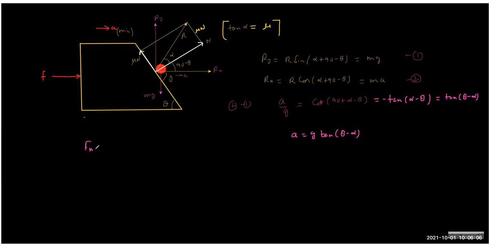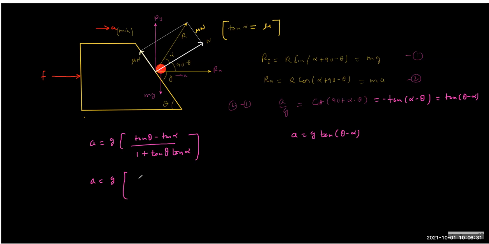So F minimum is how much? Capital M plus small m into a, or in fact, I can just write the a part in detail. If you expand it, what you get is what you're looking for. So this is tan A minus tan B over 1 plus tan A tan B, and it turns out to be exactly the same answer.